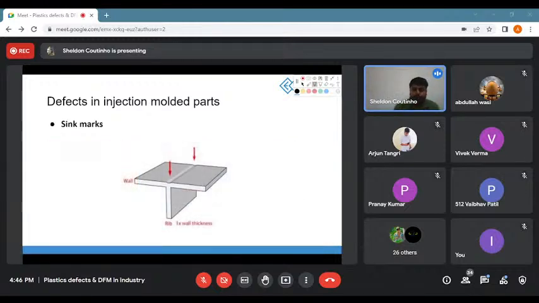Okay, let us assume this is a cross section of a plastic part. If this is the cross section of a plastic part, say you want this cylinder kind of thing over here, a full solid cylinder.